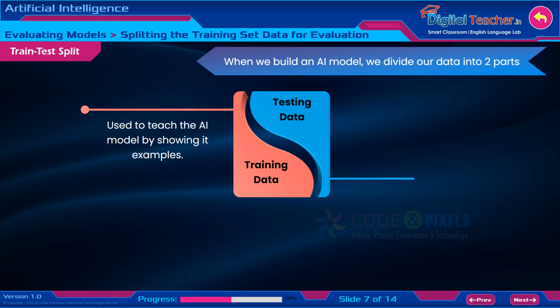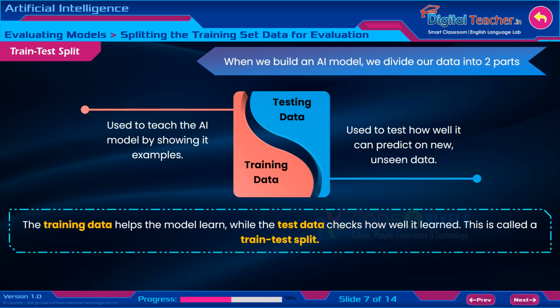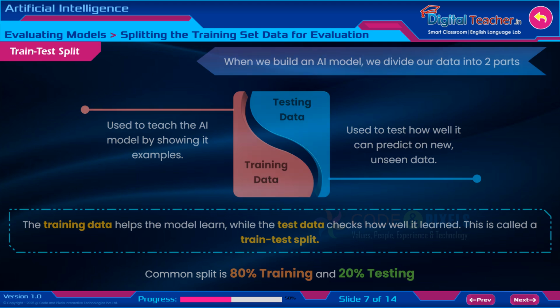Testing data, used to test how well it can predict on new, unseen data. The training data helps the model learn while the test data checks how well it learned. This is called a train-test split. Usually, a common split is 80% training and 20% testing.